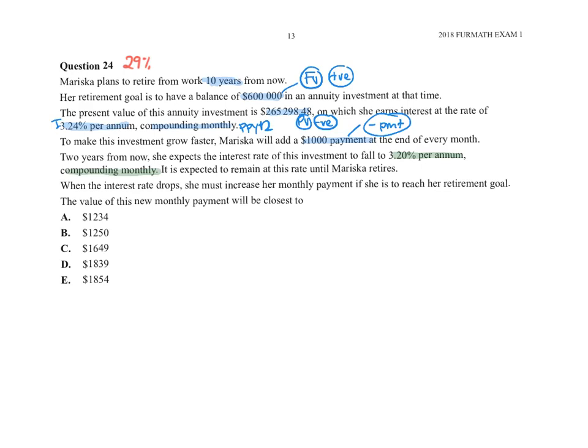So what's going to happen? You always treat it as two scenarios. So let's get the first scenario done first. For the first 2 years, let's see how much she has in her investment after the 2 years. So we're going to go N, 2 times 12. The interest rate in the beginning was 3.24. The PV, she's already invested this amount.